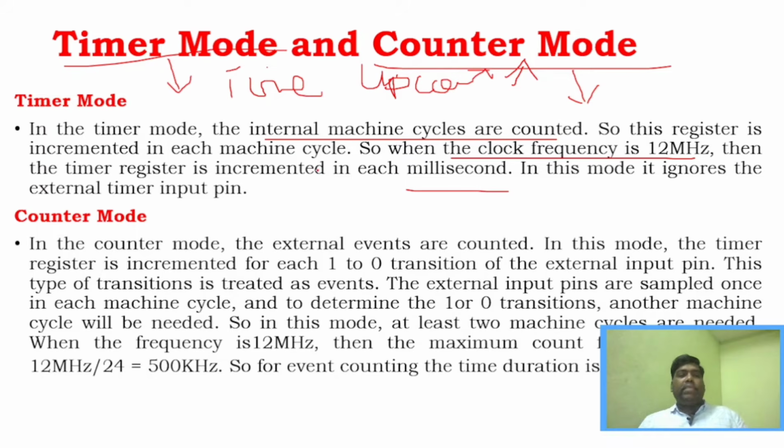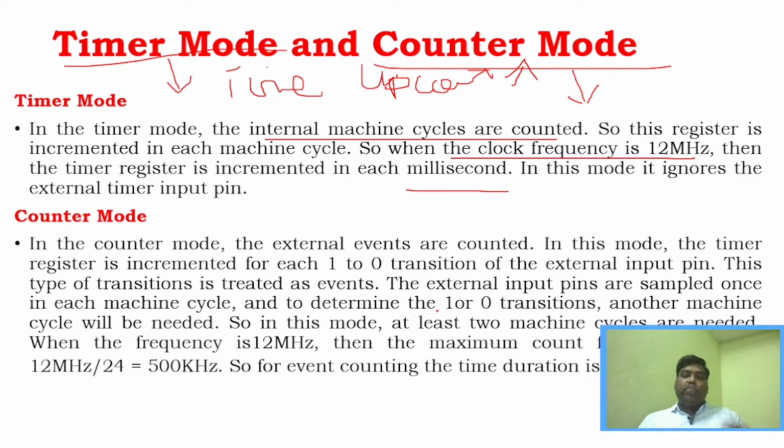In timer mode, only one machine cycle is needed. But here, we are using the external clock cycle, so every transition from 1 to 0 will be considered as one cycle. So there should be a transition from 0 to 1 and then 1 to 0.